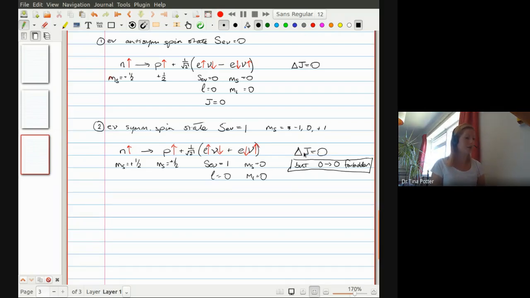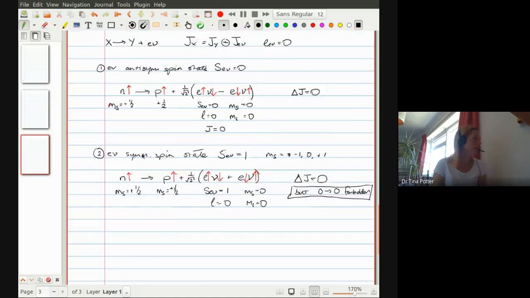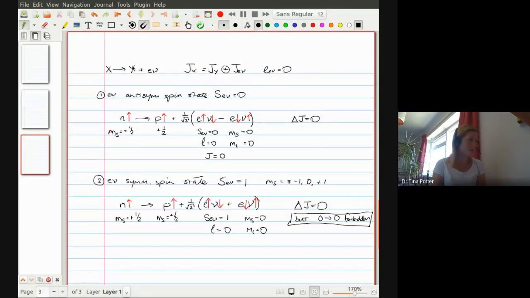This is one of our basic selection rules: when you have such a decay where one of your states is spin 1 here, we can't have a state 0 going to state 0 given an L_eν equals 0. So we could have this type of decay with a 0 change in the total angular momentum between x and y, but as long as they have a non-zero value of J.